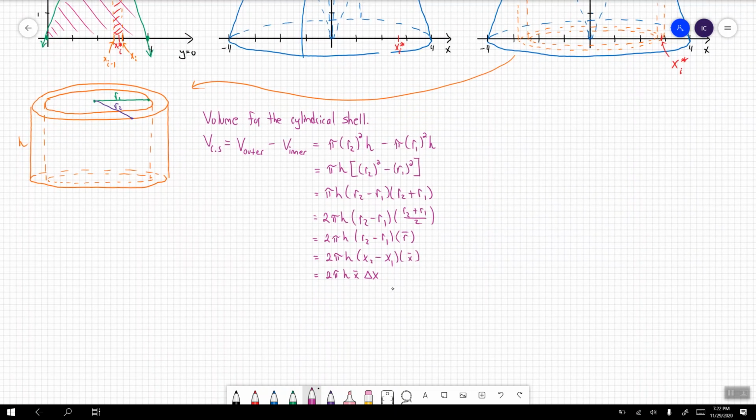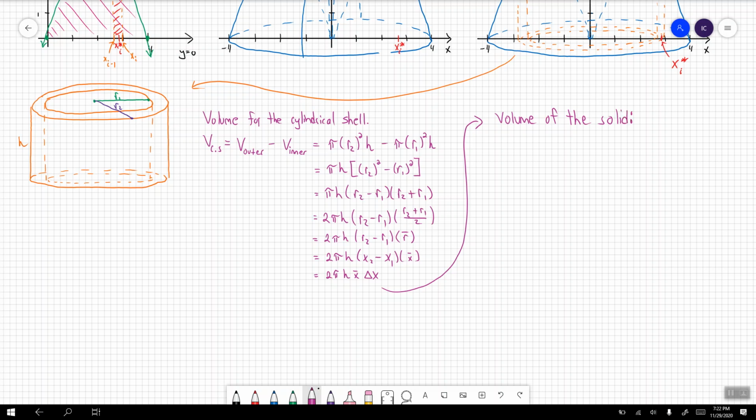So what this then turns into is finding the volume of the solid.